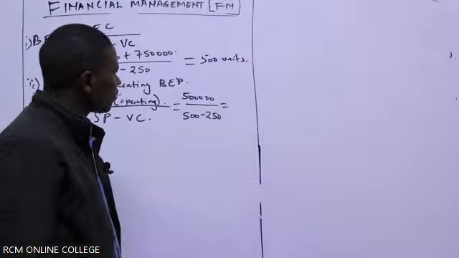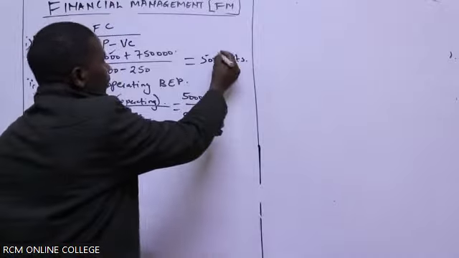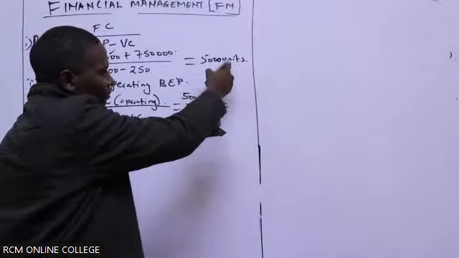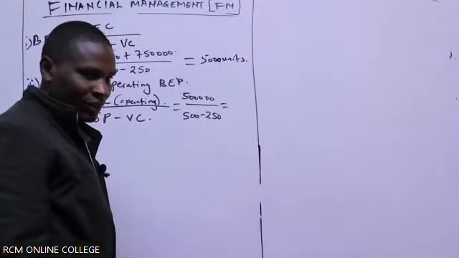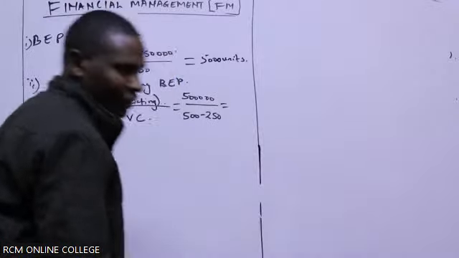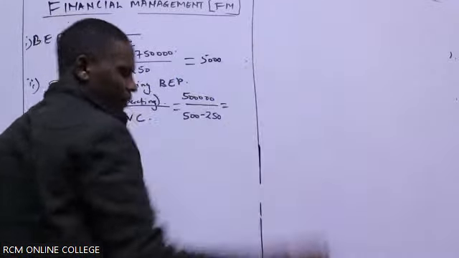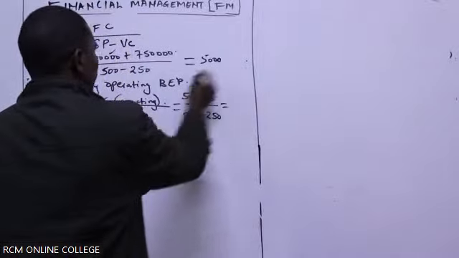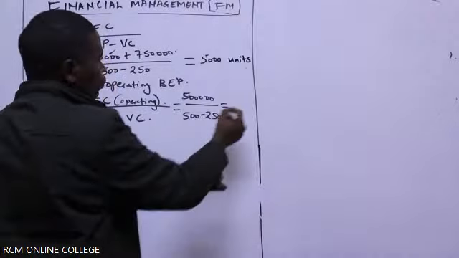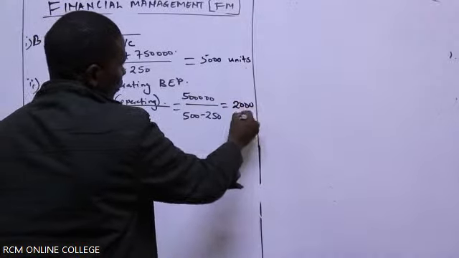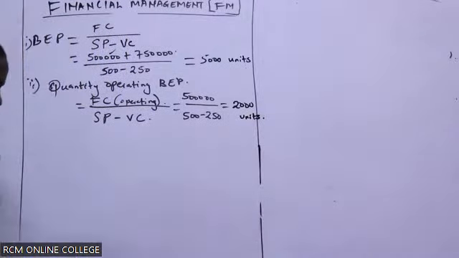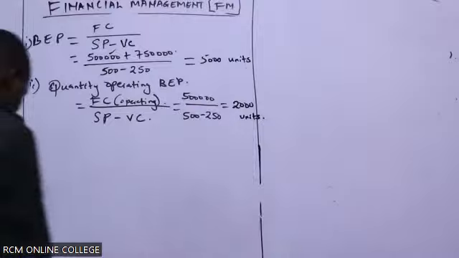BP ni 5. Oh, this one. Okay. Asante. Okay, sawa. 5,000 units. Sawa. Okay. 5,000 units. Unashangaa. What about nayo ingine ni units ngapi? BP ya operating peke yake. Hii ni units. Hii nayo ni ngapi? 2,000 units. So hiyo tumemalizana. Now we can go to the degree of operating leverage.